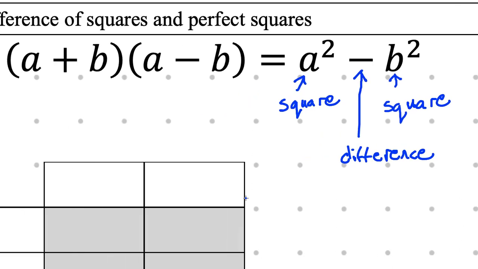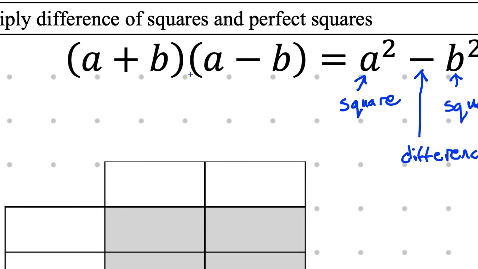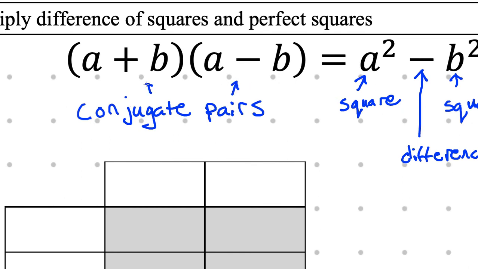Let's talk about some other vocab that we talked about last lesson in 9-3. These things right here are called conjugate pairs. So I'll write that down as well. Is it with a J, I think it's with a J, conjugate pairs. So these are both conjugate pairs, and again, the word pair means there are two of them, like a pair of socks.